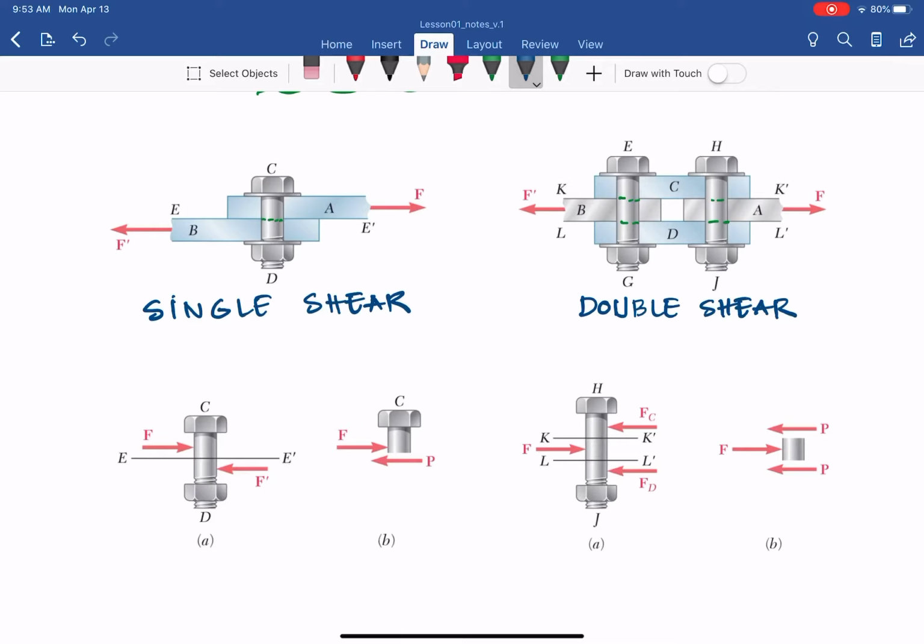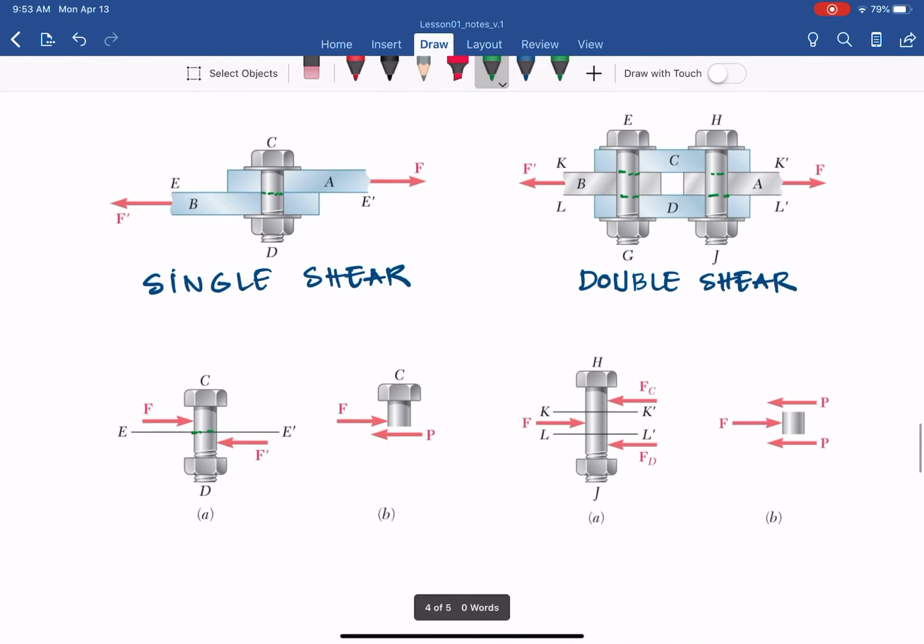To find the internal force, we have to cut the member here. The cut is E apostrophe. The internal force, in this case the shear, because it is parallel to the cut face, is P, and with the equilibrium you will see P equals F for the single shear.